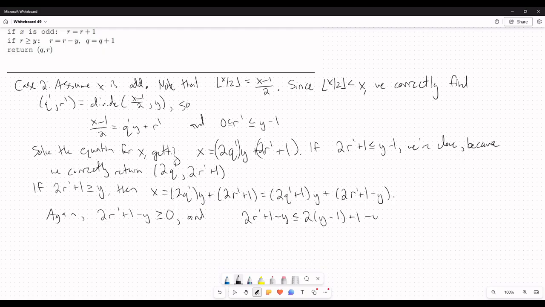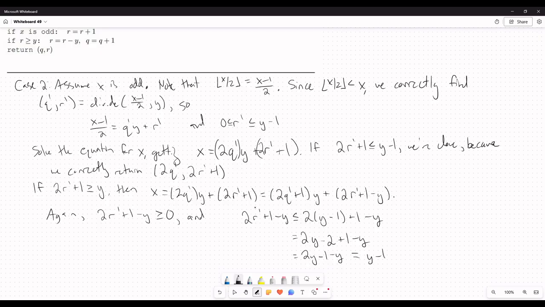So 2(y minus 1) plus 1 minus y. That's going to equal 2y minus 2 plus 1 minus y, which is going to be 2y minus 1 minus y, which then equals y minus 1.